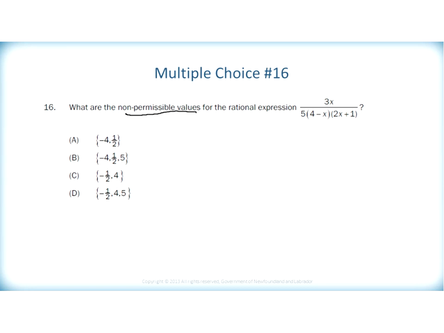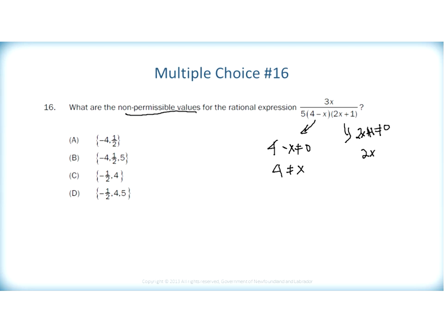What NPVs are is anything in the denominator that would make the expression in the denominator equal to 0. So we take each one of the factors and determine the value for x that would make it equal to 0. Of course, x cannot equal 4. And here, 2x plus 1 cannot equal 0.